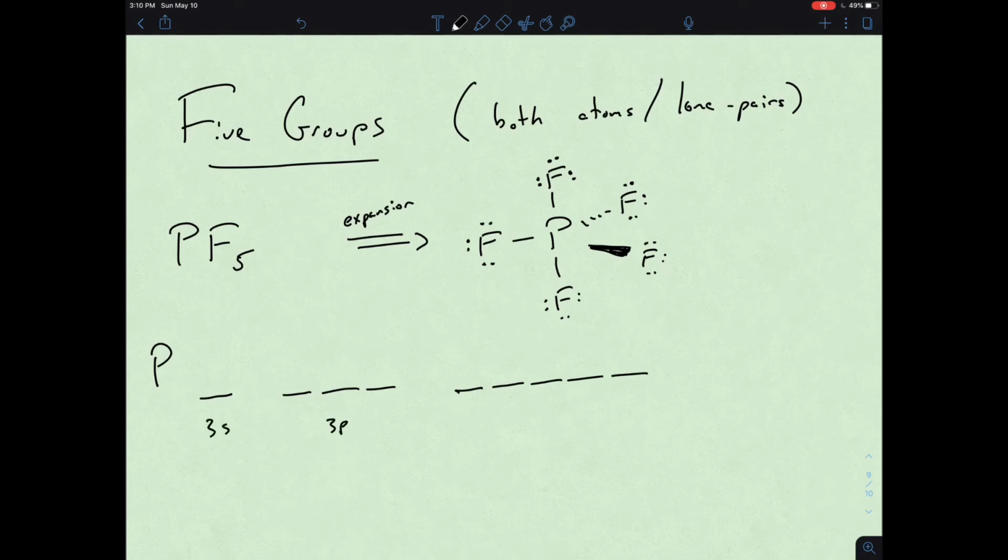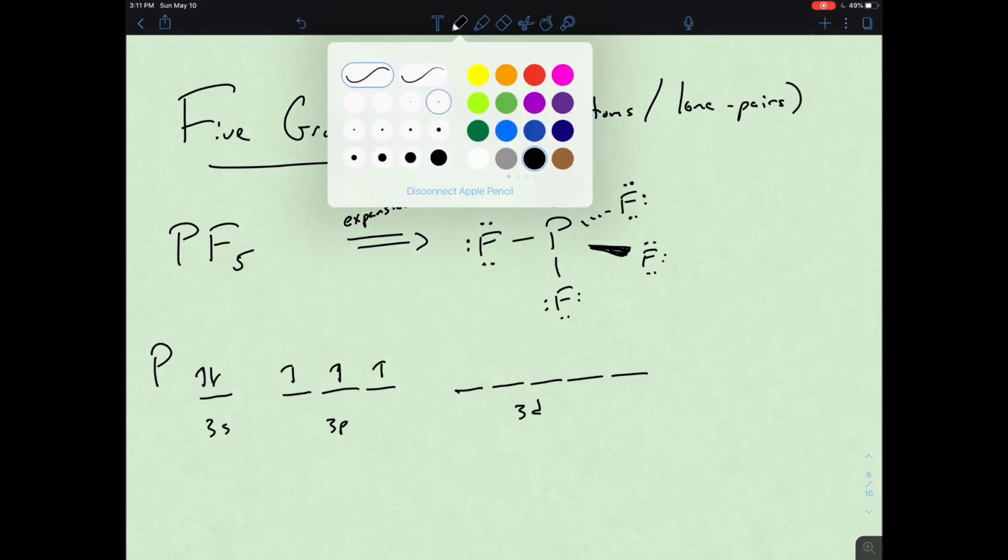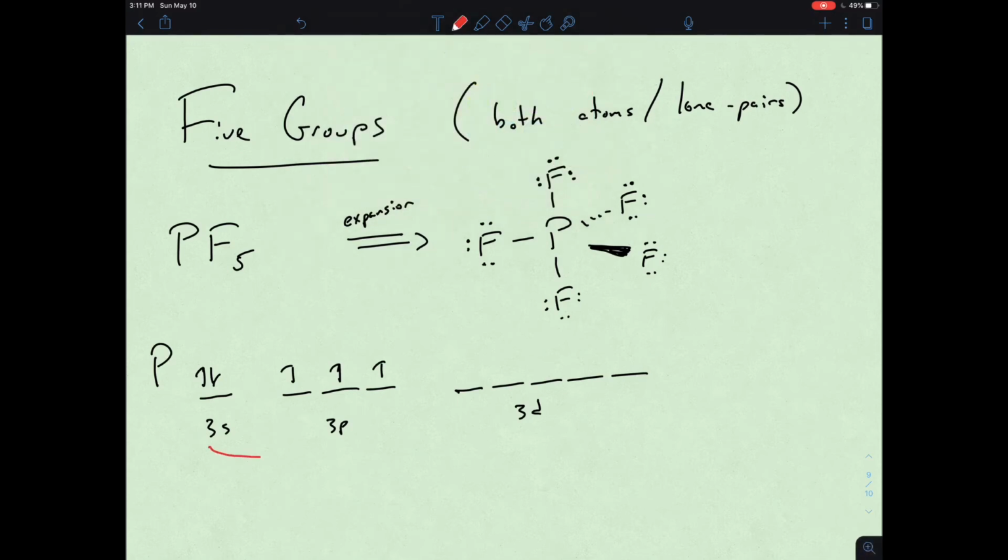It has 3s, 3p, and 3d orbitals. Now realize that this is our valence electron configuration.